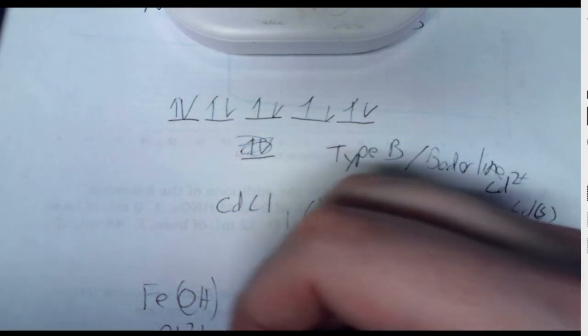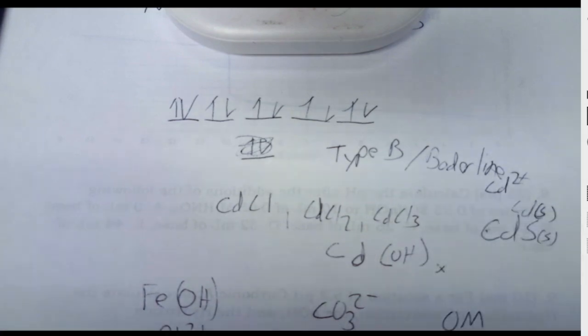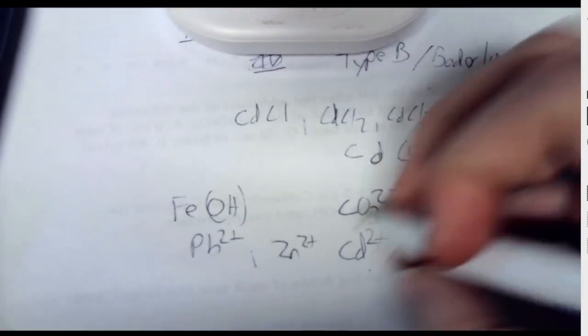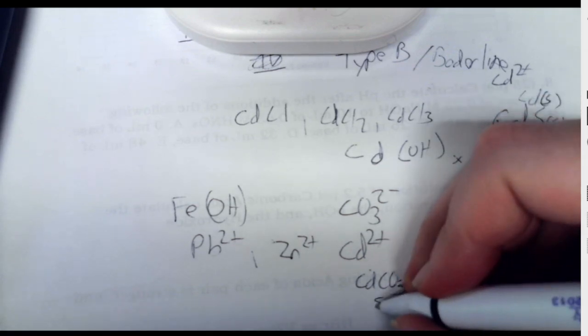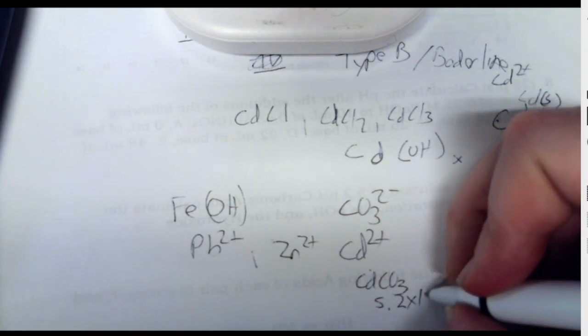Cadmium carbonate, lead carbonate, and zinc carbonate all have a pretty low KSP. I can look that up and say, for example, cadmium carbonate has a KSP of 5.2 times 10 to the negative 12.